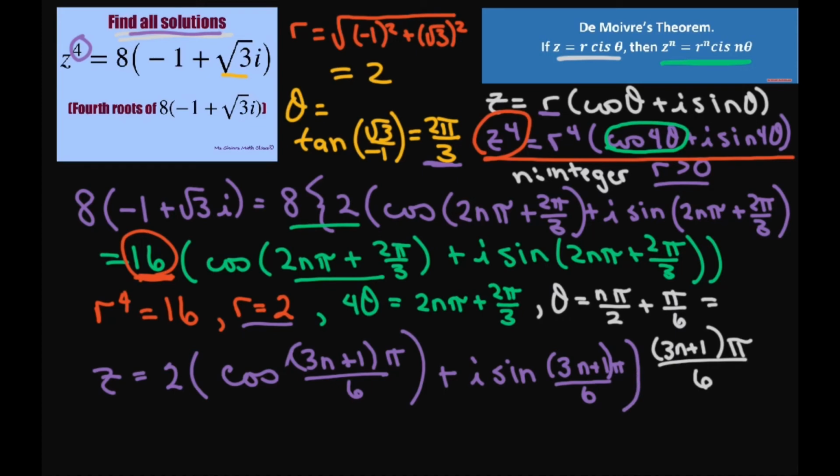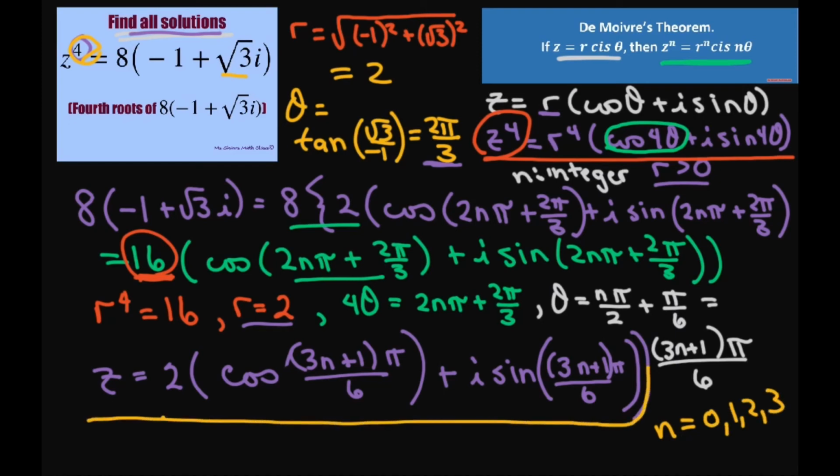Now for n, since we have this 4 here, we're going to use n equals 0, 1, 2, and 3. This is the new formula we're going to use for all our solutions.